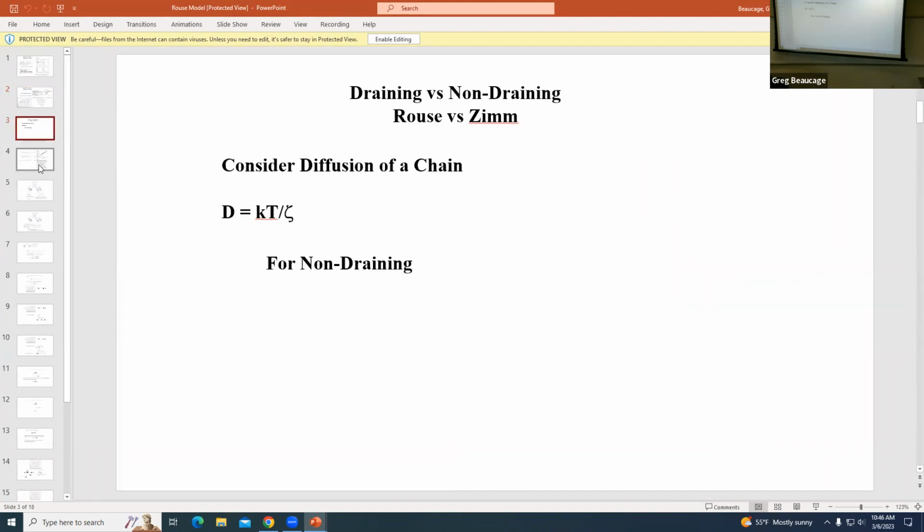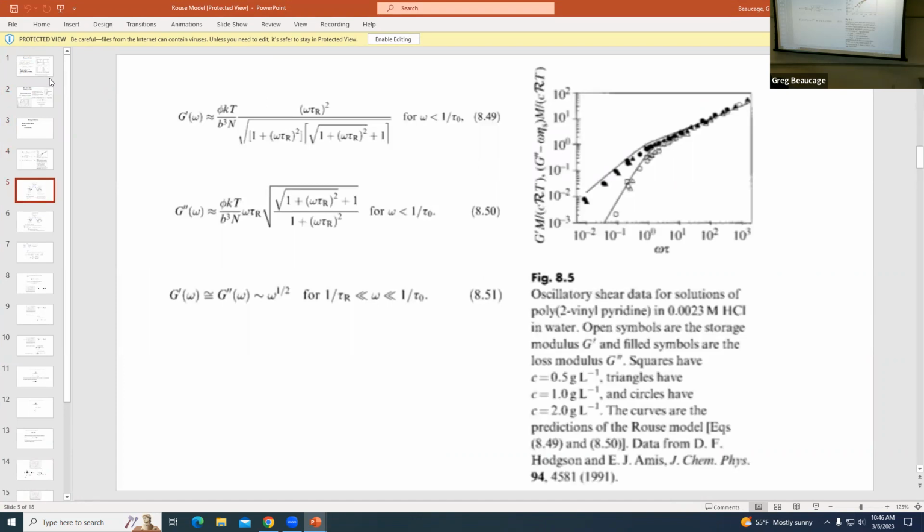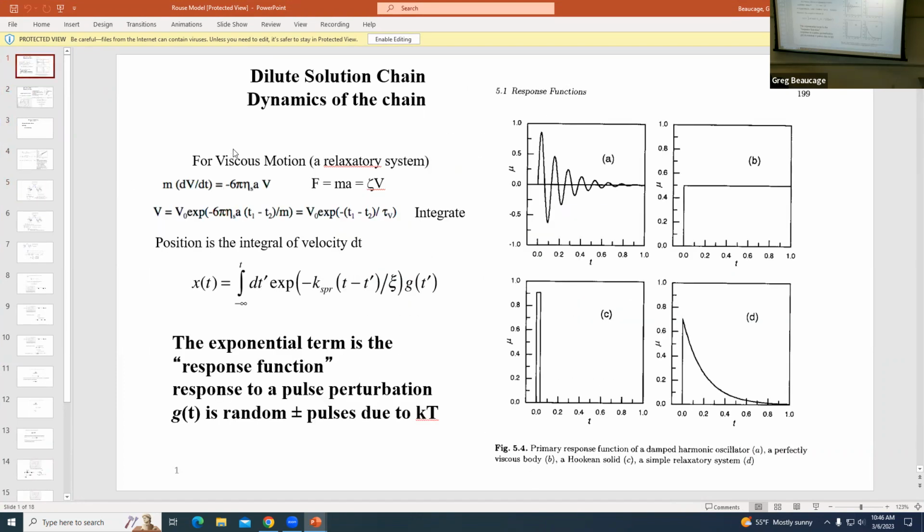That isn't very good. This isn't it. So it must be this first slide. Right, that's it. So for viscous motion, Stokes law, mass times acceleration is this thing. Right, so that's the force balance between the drag coefficient and the acceleration.